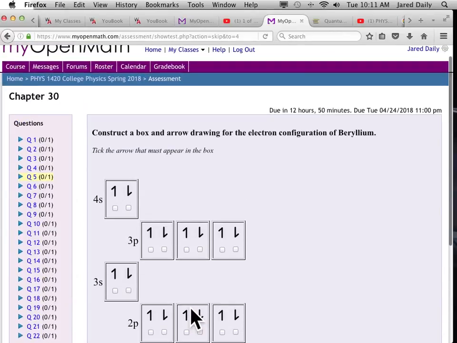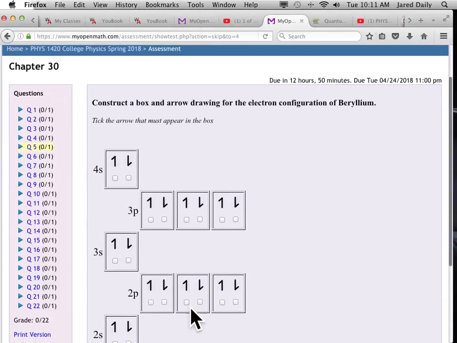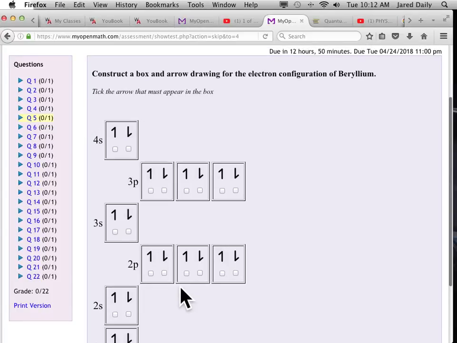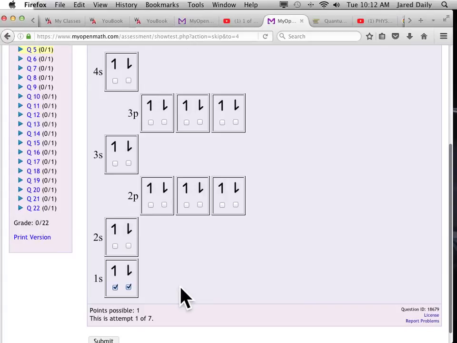And we're constructing a box arrow for the configuration of beryllium. Beryllium is right here. It goes all the way up to n equals 4, right? Now, how many electrons total does beryllium have?